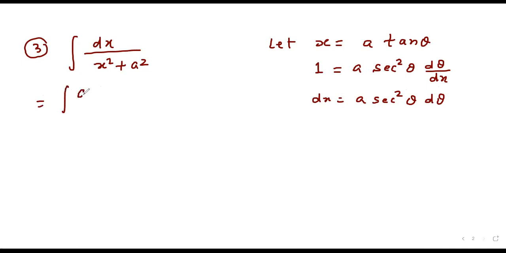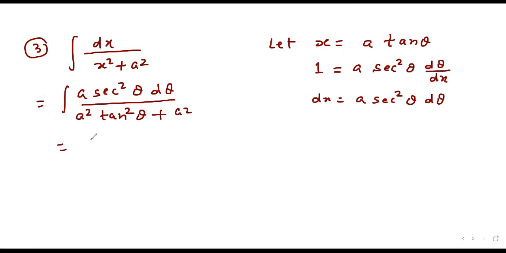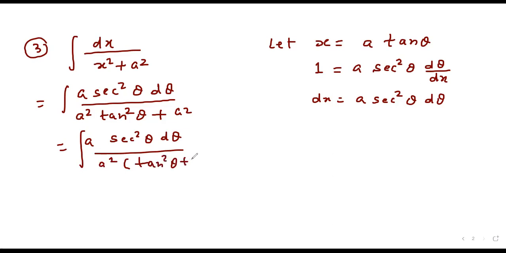So dx becomes a sec square theta d theta, divided by x equal to a tan theta. So it will become a square tan square theta plus a square. That is, a sec square theta d theta integration divided by a square common, tan square theta plus 1, that is also sec square theta.